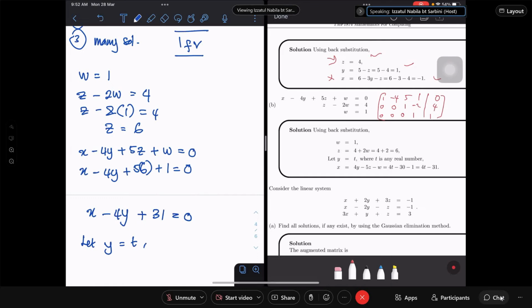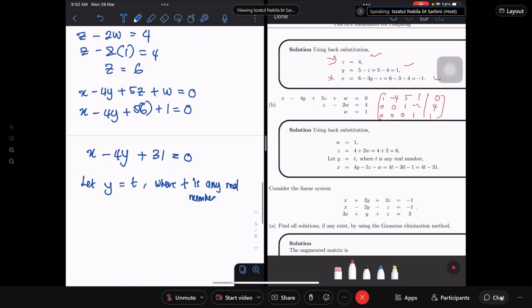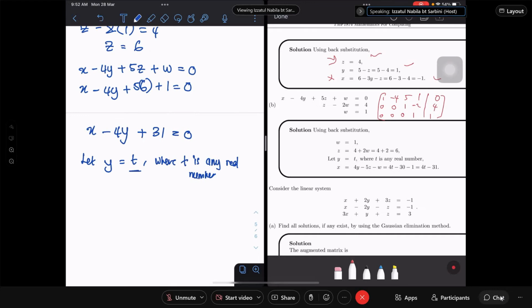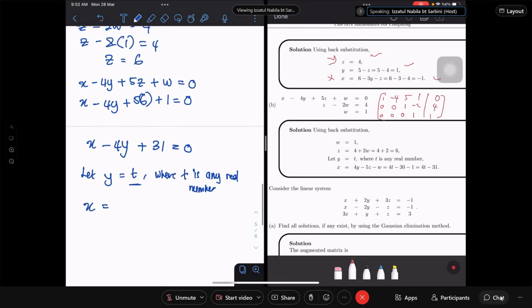And you always write that t is any real number. Okay, this is what we call a free variable. So you write your x in terms of t. So you're going to have x equal to 4t minus 31.